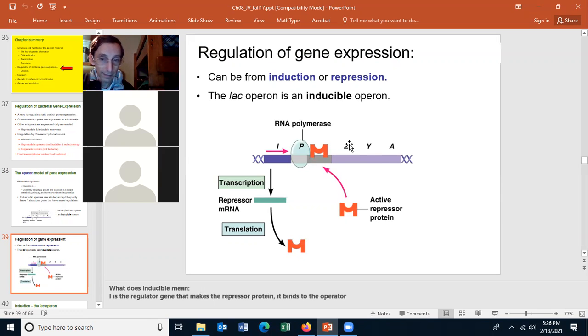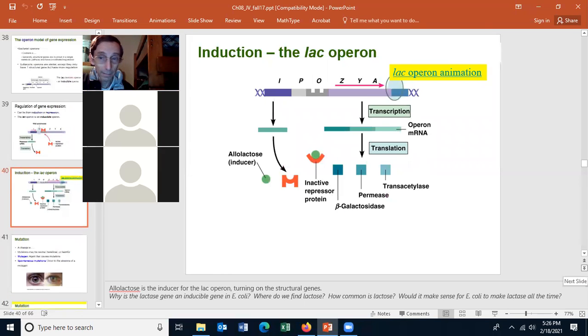Meaning, if we're talking about the Z gene, no messenger RNA for the enzyme lactase will be made, so no protein will be translated, and there will be no enzyme lactase in the cell. Okay? Any questions about that?